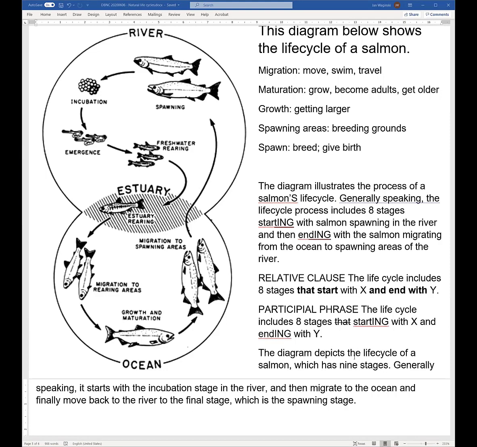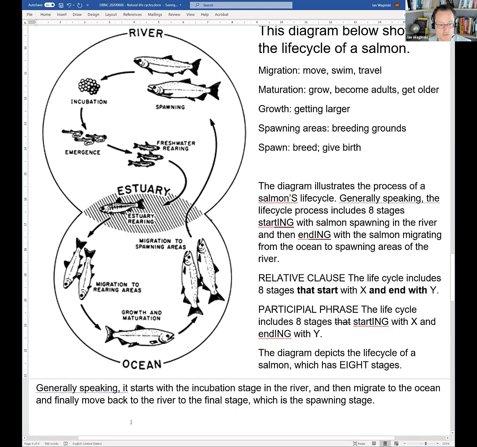Okay. A diagram depicts the life cycle of a salmon, which has 9 stages. I count 8. Okay. 1, 2, 3, 4, 5, 6, 7, 8. Oh yeah, sorry. I think it starts with the incubation stage in the river, and then migrate to the ocean.